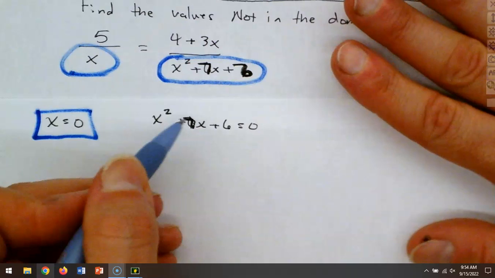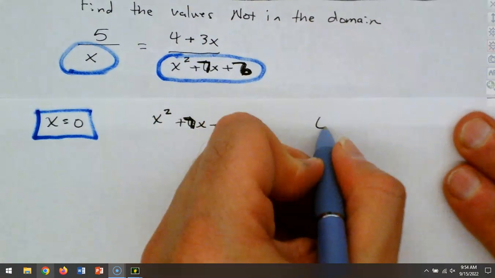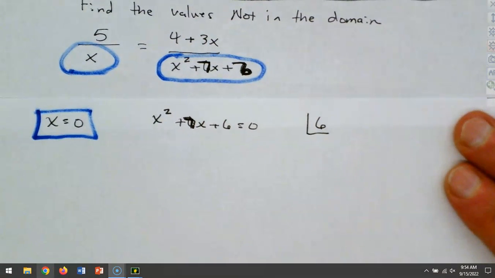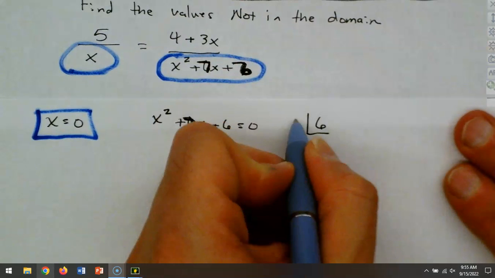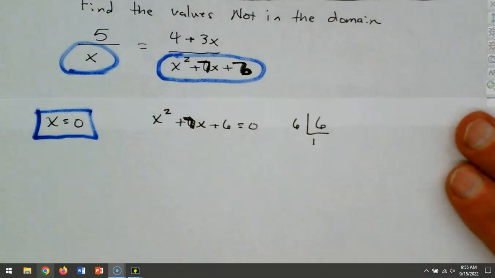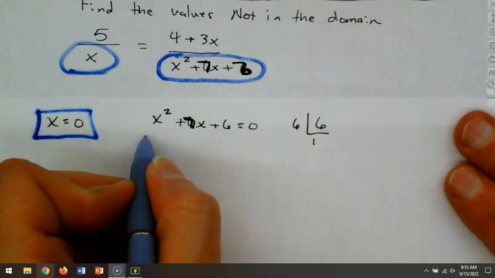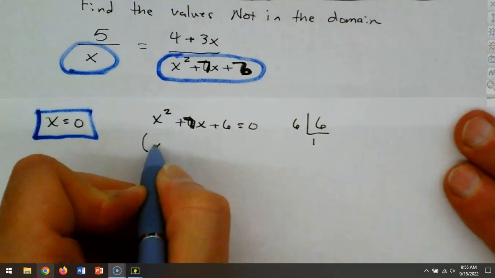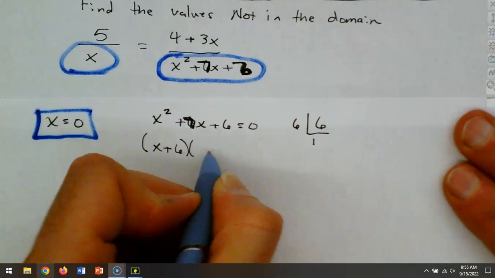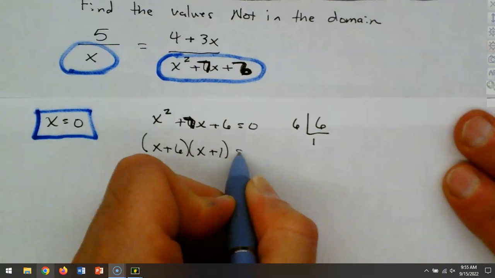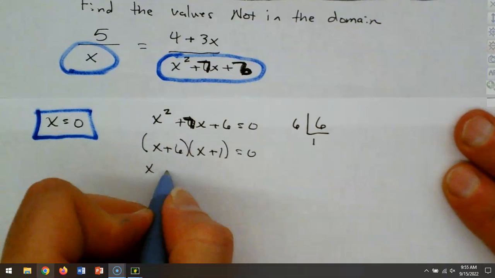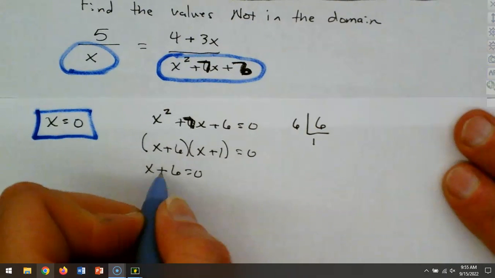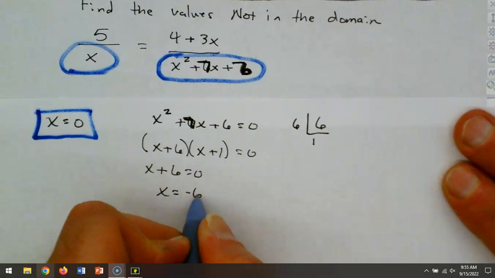Now to factor, because first times the last is a 6, what 2 numbers give you 7? Should be pretty simple, 6 and 1, right? Okay, so that's now going to factor into x plus 6 times x plus 1. x plus 6 equals 0, so x equals -6.